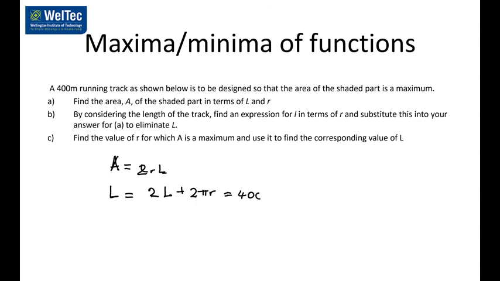That gives us an expression for L that we can put into there, and then we can differentiate A with respect to R, and we make it equal to 0, and we find that R is equal to 31.8.